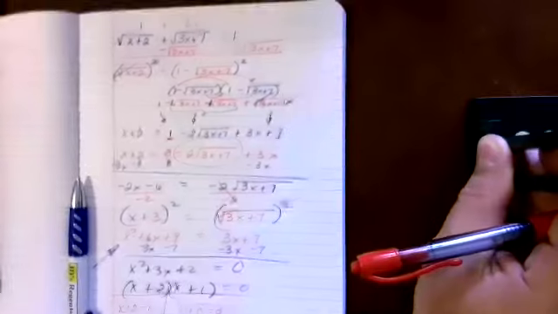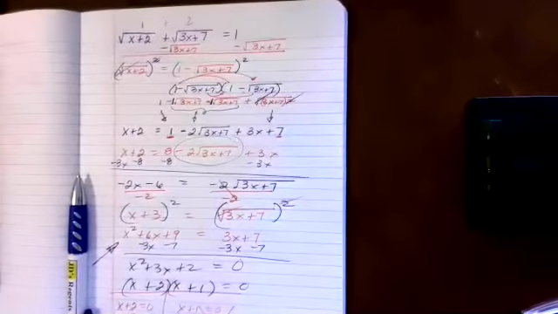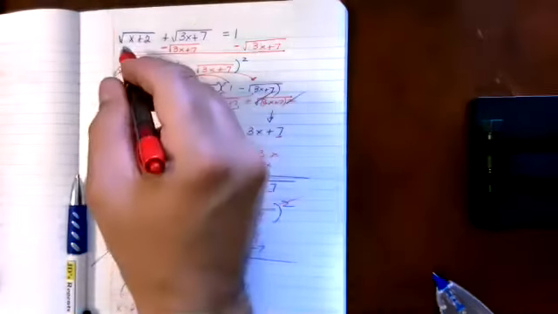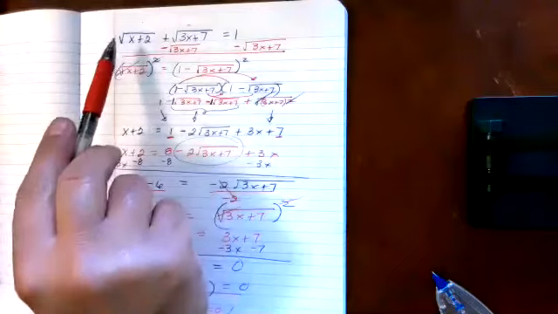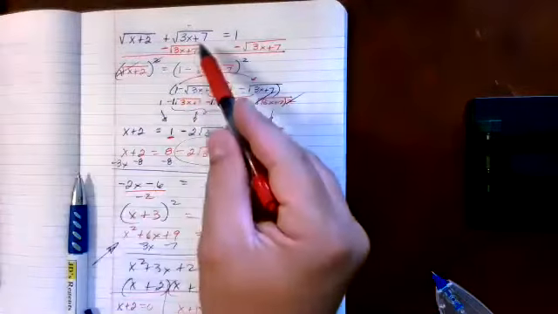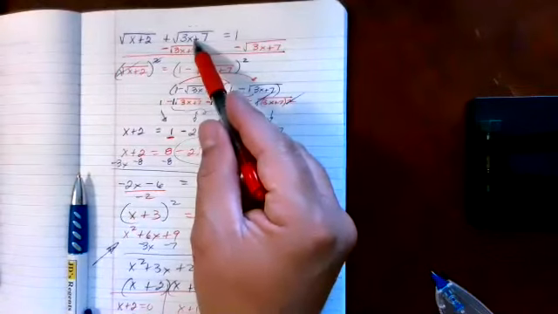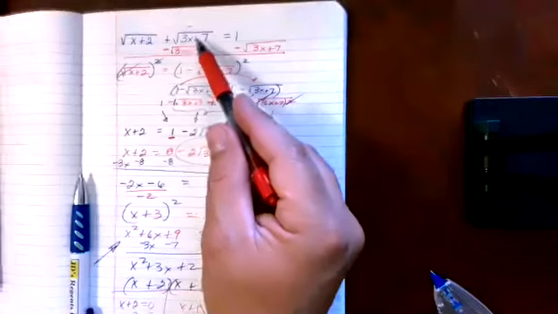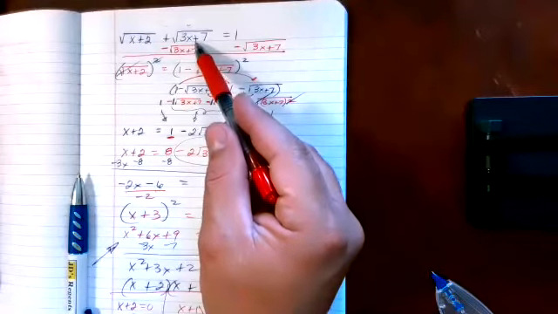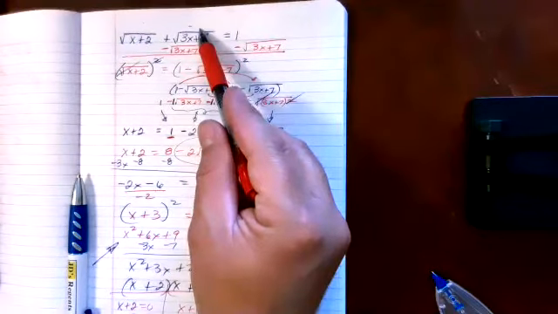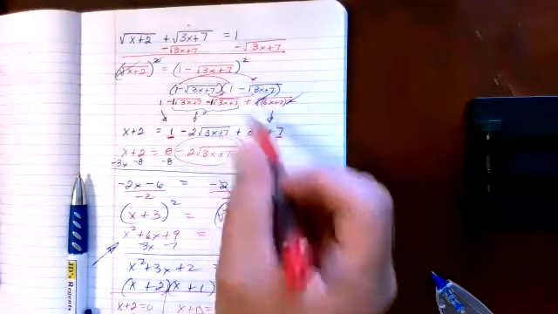Then if I put in a negative 2, let's see. If I substitute a negative 2 in, negative 2 plus 2 will give me 0, so that's gone. And then I put a negative 2 in here. 3 times negative 2 is negative 6. Negative 6 plus 7 is 1. The square root of 1 is 1. 1 is equal to 1.